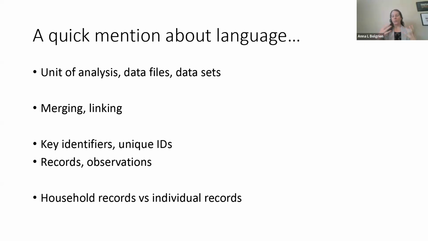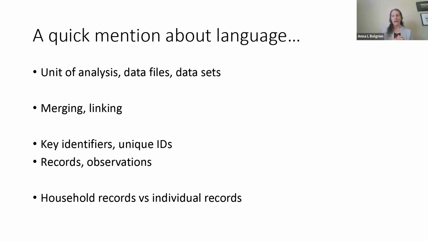And these are all ways of referring to specific variables that can be used to identify records or observations within those data files that refer to the same person or the same household.